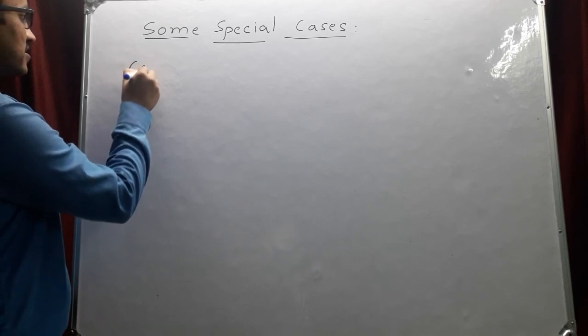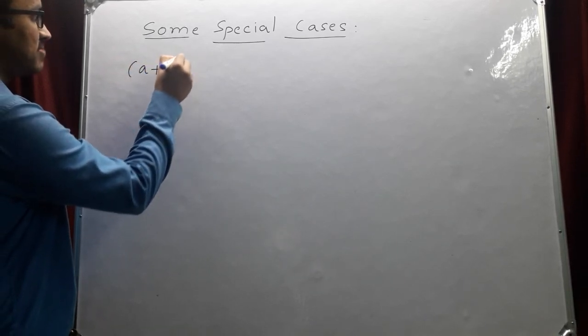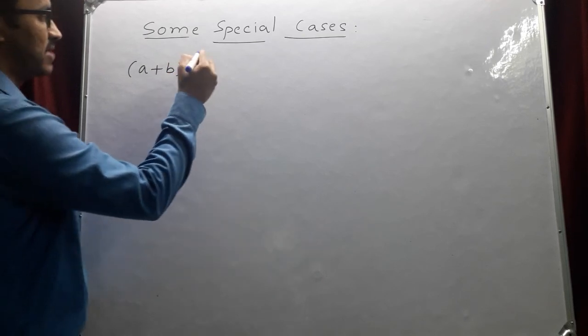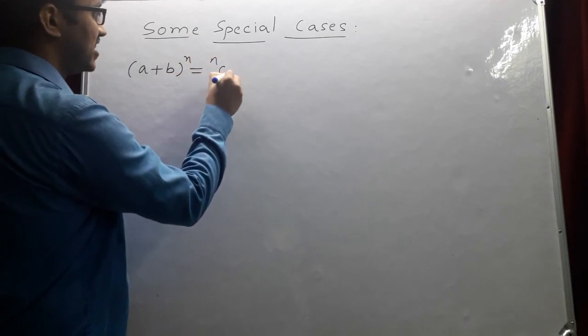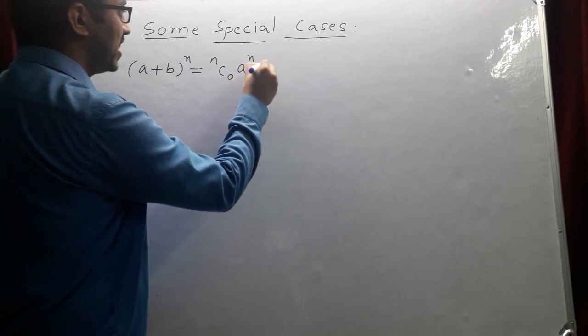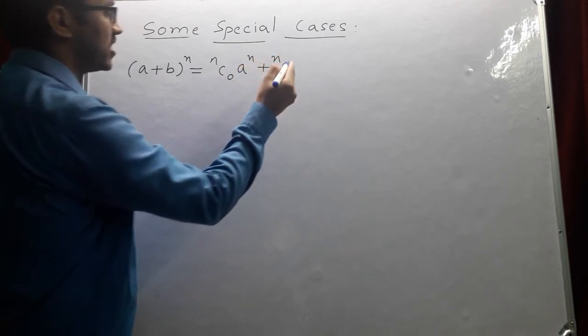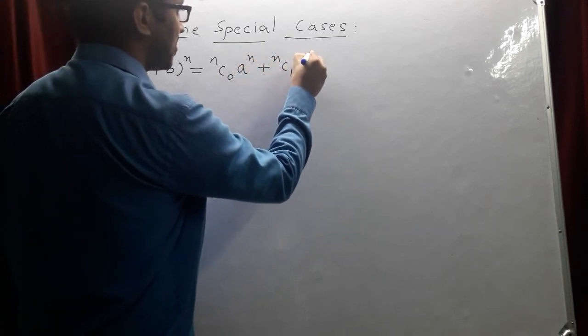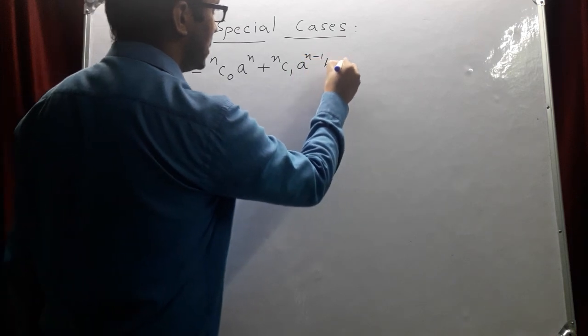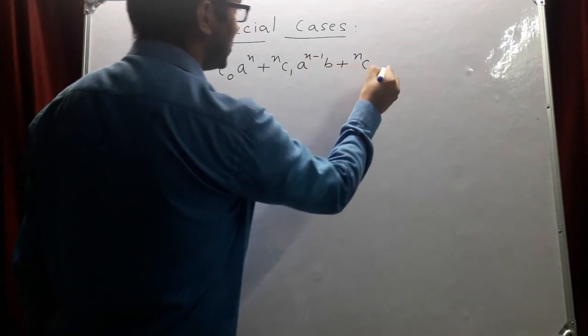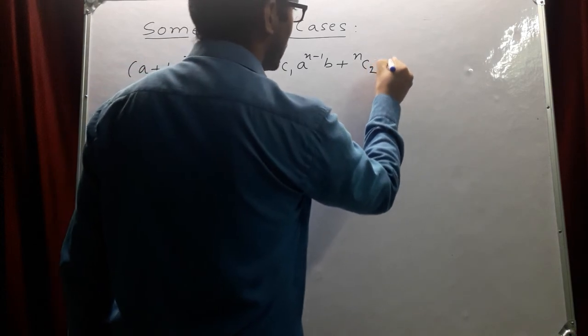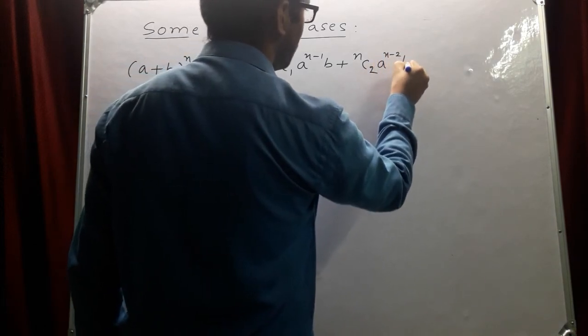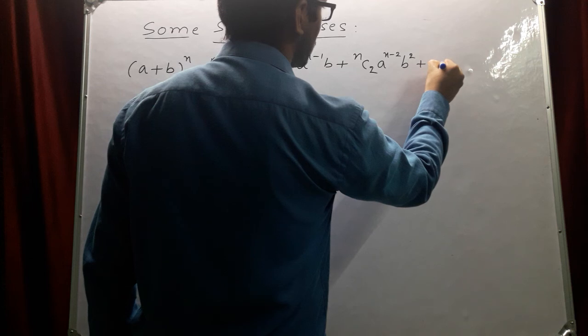Now we will see some of the special cases of the binomial theorem. We have seen that the expansion of (a plus b) power n is given by nC0 a power n plus nC1 a power n minus 1 b plus nC2 a power n minus 2 b square, and so on.